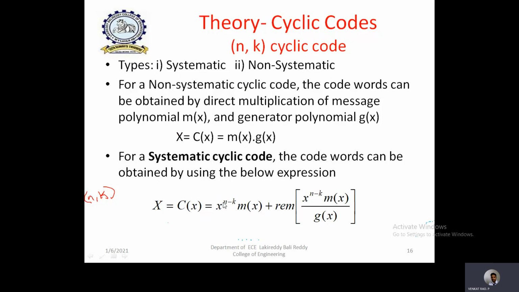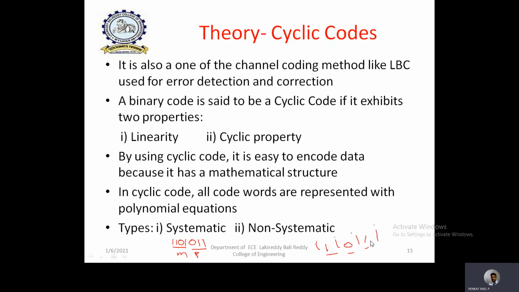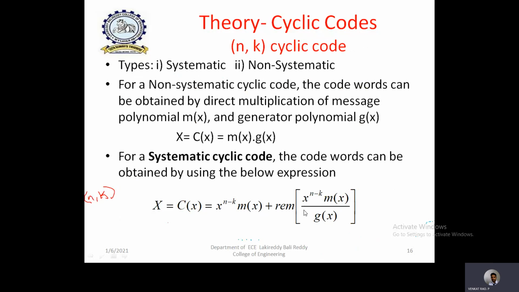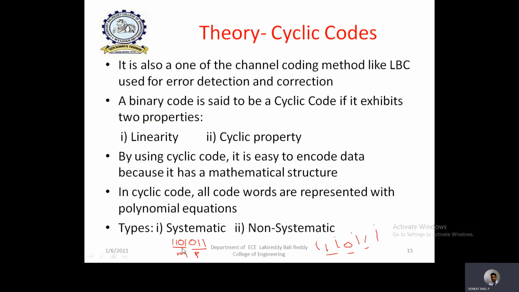So here n comma k means every cyclic code is represented by an n comma k cyclic code, where n is the number of bits in the final code word. For example, here 7 bits are there, so n equals 7. Similarly, k is the number of bits in the message data, that is 1101.